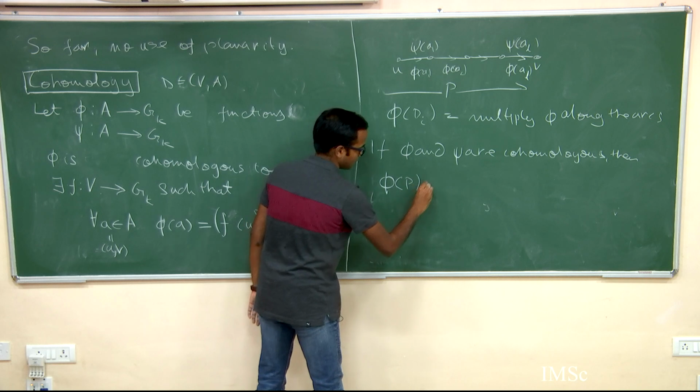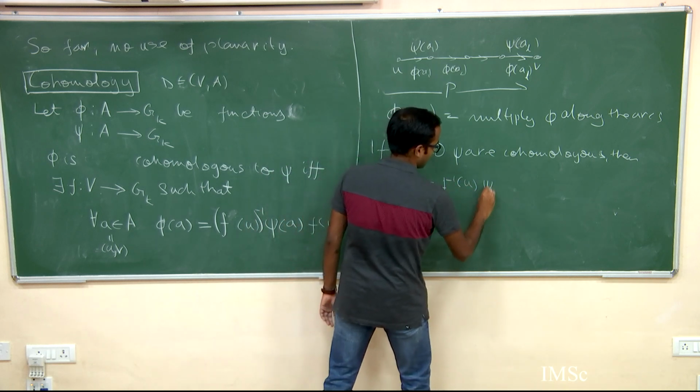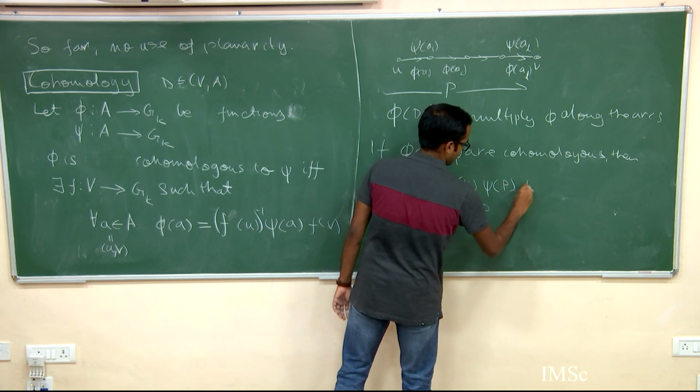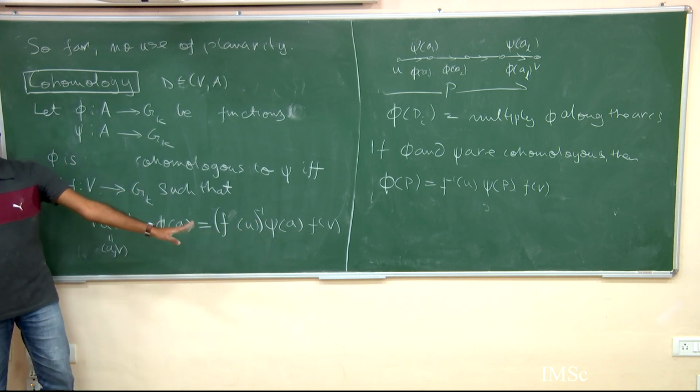Phi of P will be equal to f inverse of u multiplied by psi of P and then f of v. Okay, this is what this condition gives you.